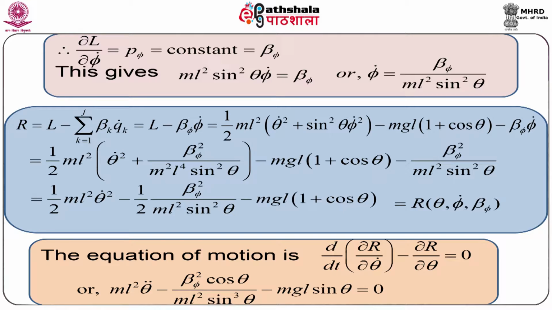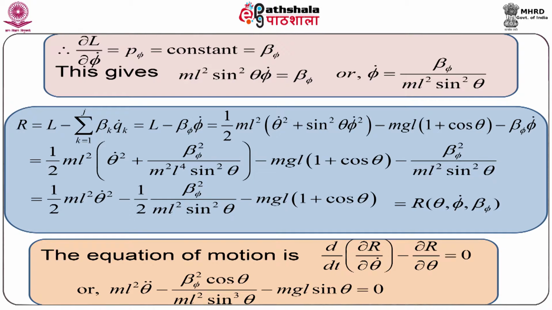Therefore, R equal to half m L square into theta dot square plus beta phi square divided by m square L to the power 4 sin square theta, minus m g L into 1 plus cos theta, minus beta phi square divided by m L square sin square theta. Here we have used the relation between phi dot and beta phi.